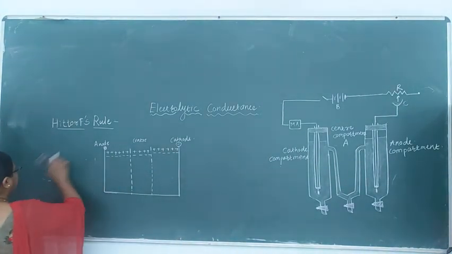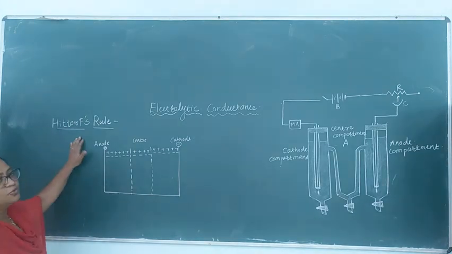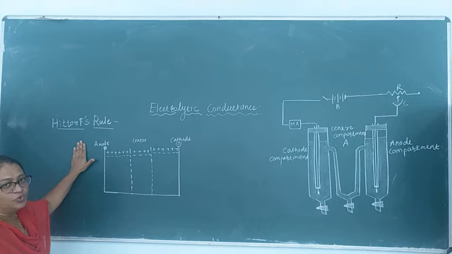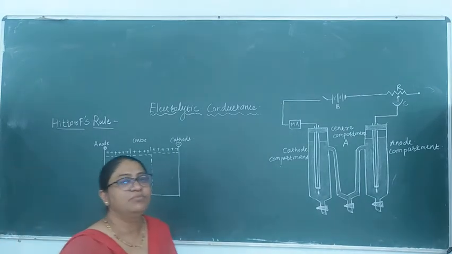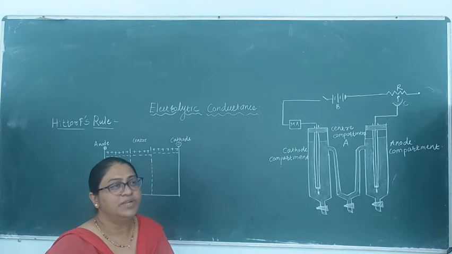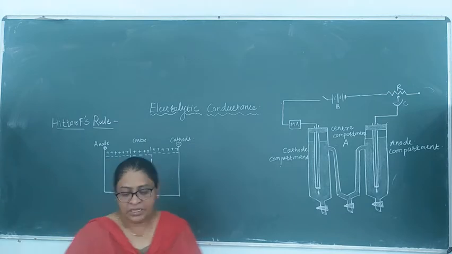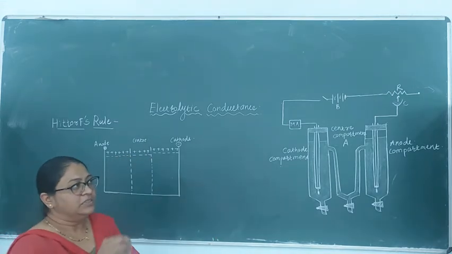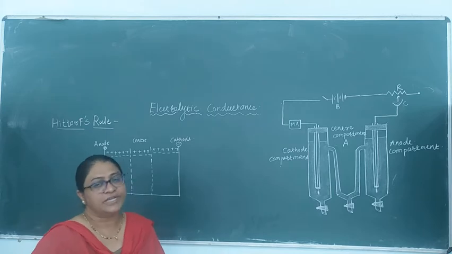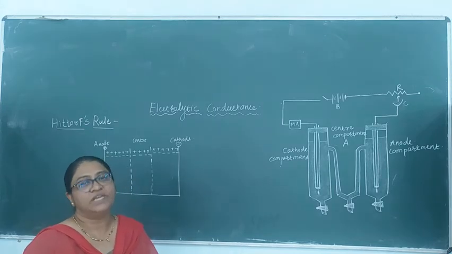Now, in relation with the transport numbers, we are going to see the rule, that is Hittorf's rule. Hittorf's rule shows the relation between the transport number and the speeds of the ions. For that purpose, the changes in concentration take place in the vicinity of the electrode.